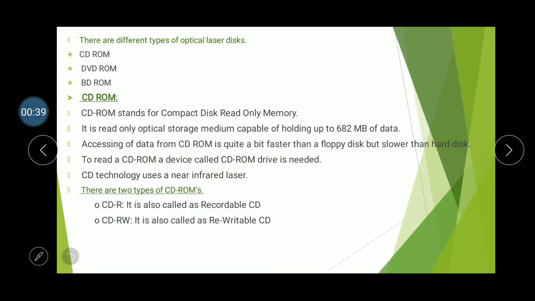To read a CD-ROM, a device called a CD-ROM drive, usually we call it a CD drive, is needed. CD technology uses a near infrared laser. There are two types of CD-ROMs. CDR, also called recordable CD, and CDRW, also called rewritable CD.